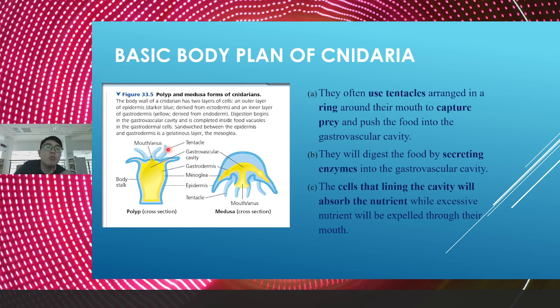Tentacle macam tangan human kita lah. Kalau human kami nak makan, kami akan menggunakan tangan kan? So tentacle macam tangan mereka akan ambil makanan dan masuk ke dalam mouth mereka, into the gastrovascular cavity untuk make further digestion.